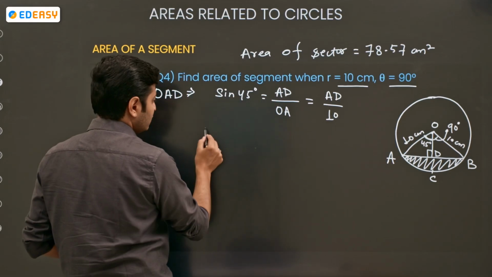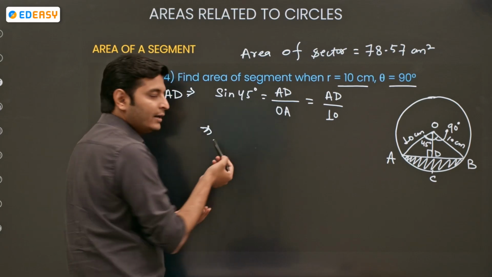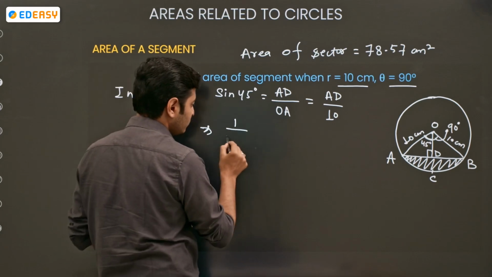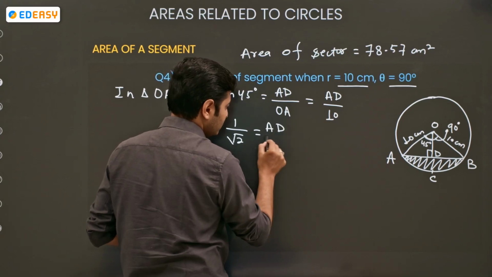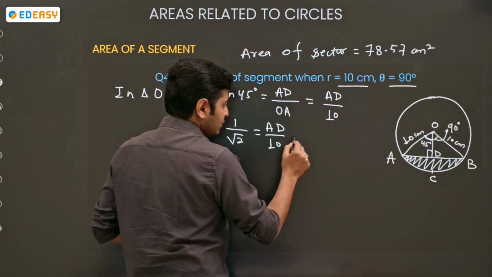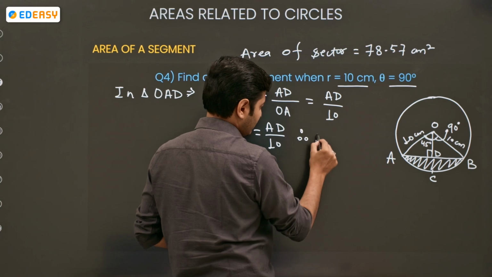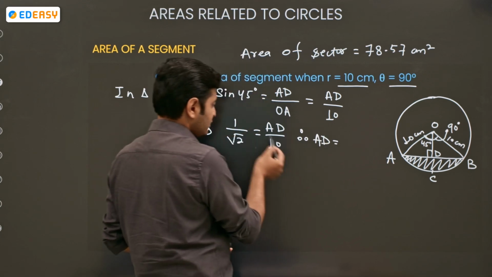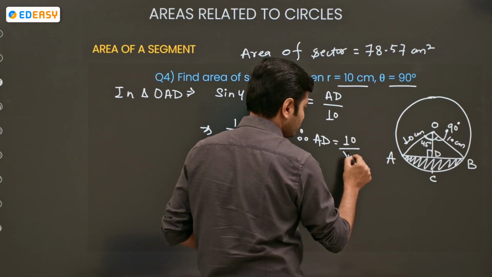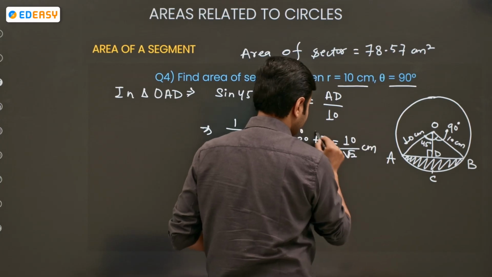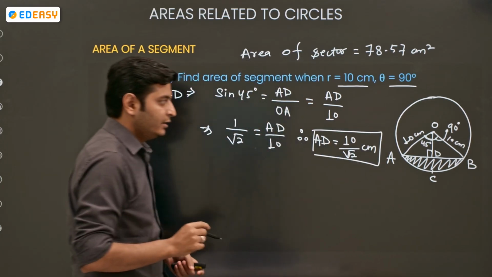So from here we can write down the value of sine 45, that is 1 by root 2 is equal to AD by 10. So therefore value of AD would be, transposing this to the left side, 10 by root 2 centimeter.